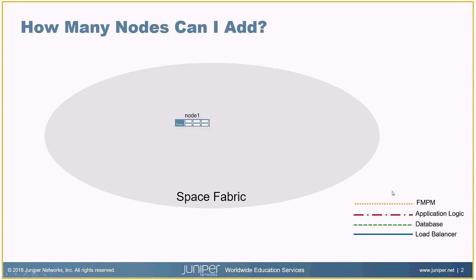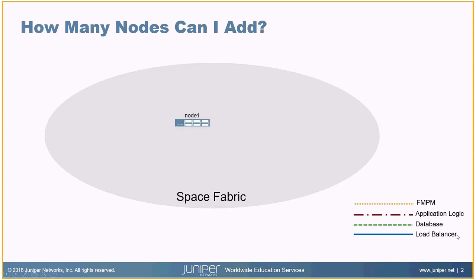You don't need a ton of devices to manage if you've just got a handful of Junos devices that you're managing through Space. So in this situation, the single node is performing everything: the network monitoring, or FMPM, fault monitoring and performance monitoring, application logic, which is basically the under-the-hood capabilities of how it's managing the devices, the database functionality, and the load balancing.